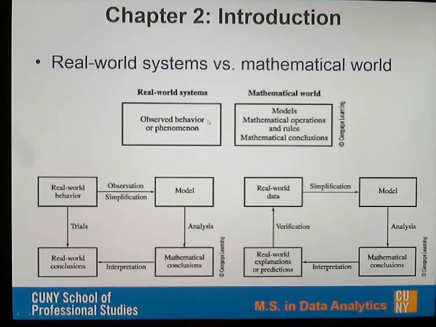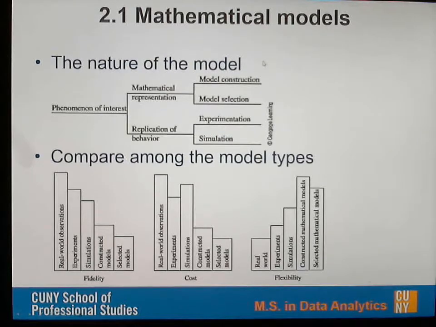This is the classic example between real-world systems and the mathematical world, and these are two different angles to look at how we may think about the relationship between math models and the real world. As you can see here, for real-world problems, we have two branches.